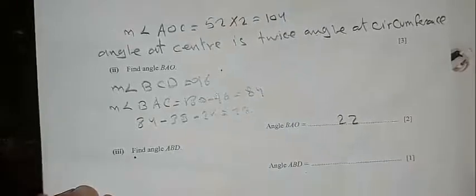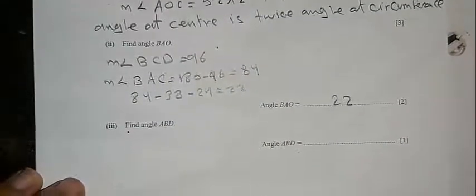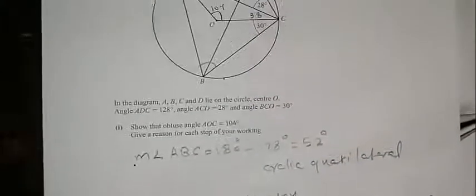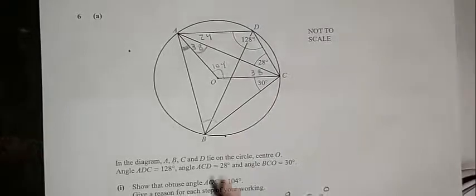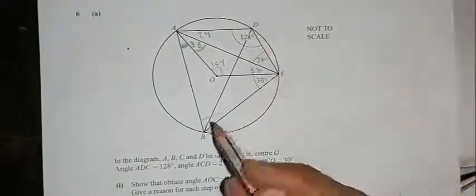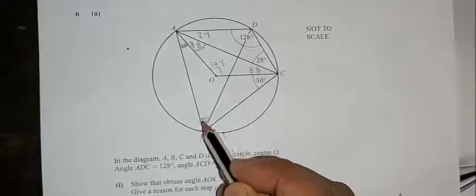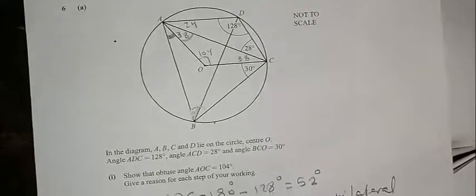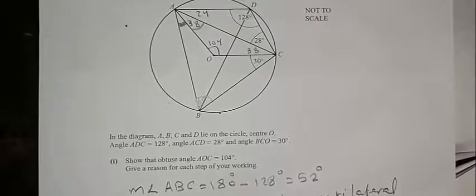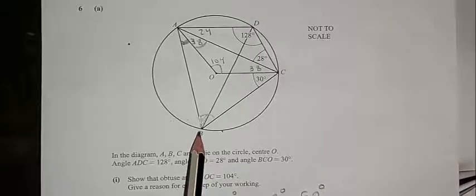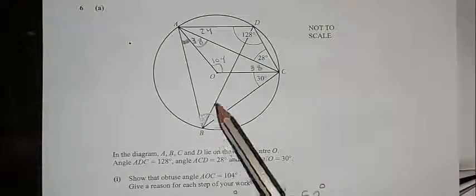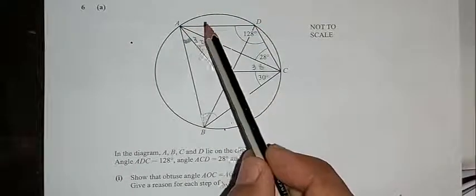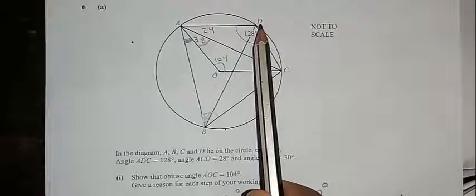And the next question, find angle ABD. ABD is this small angle here, this one, angle ABD. This angle ABD is an angle at circumference, and it's subtended by this chord AD.